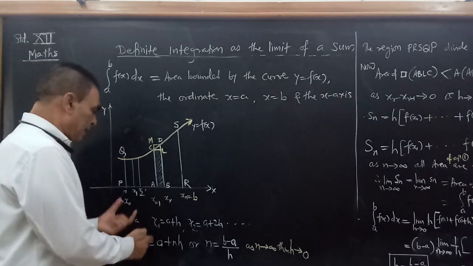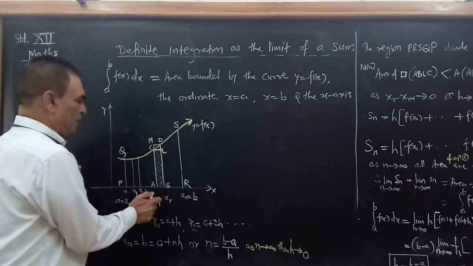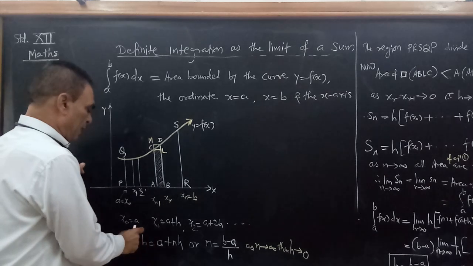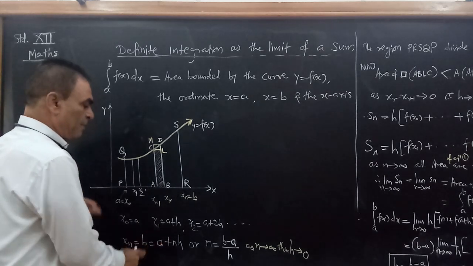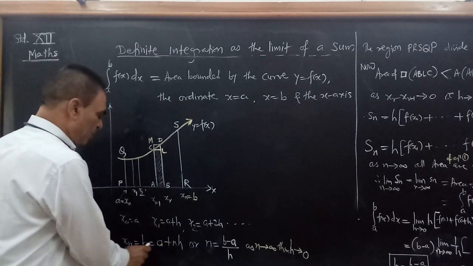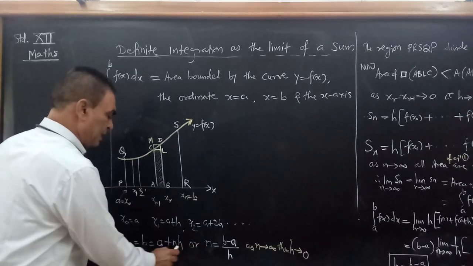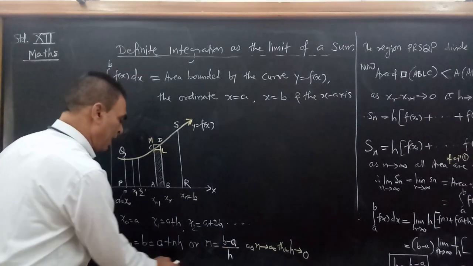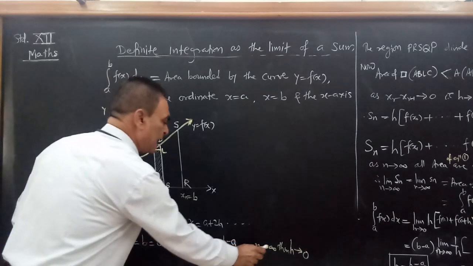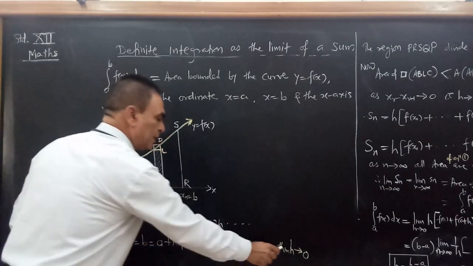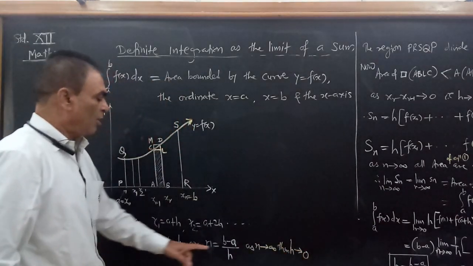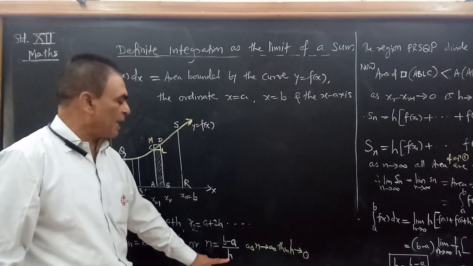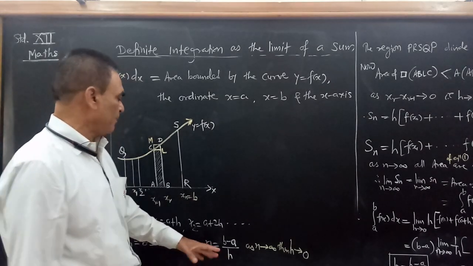Then n is b minus a divided by h, and as n tends to infinity, h tends to 0, or if h tends to 0, automatically n tends to infinity.